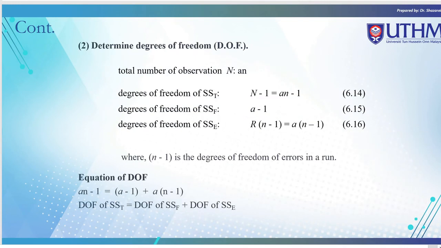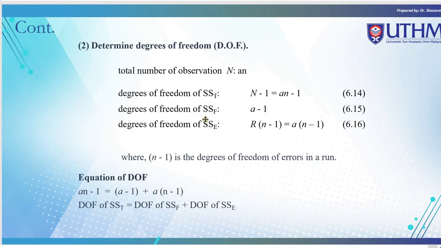Next step in DOE, we have to determine the degrees of freedom. So we have to compute the degrees of freedom for SST, SSF, and SSE. For SST, it is the total, so the total number of observations minus 1. The total number of observations is A multiplied by N, the number of levels multiplied by replicates. This is the case where we only have one factor.